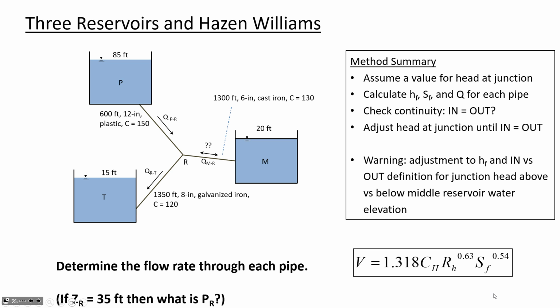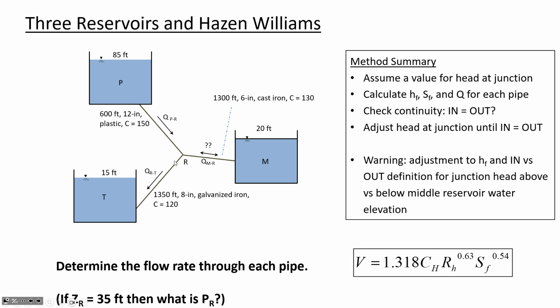So if the water's going into M and into T, then the flow rate through this pipe is equal to the flow rate through those other two. Continuity principle: the flow into the junction is equal to the flow out of the junction. So if a liter of water comes into R, that same liter of water has to be split between the other two pipes. So this is our continuity relationship if the water is going into junction M.